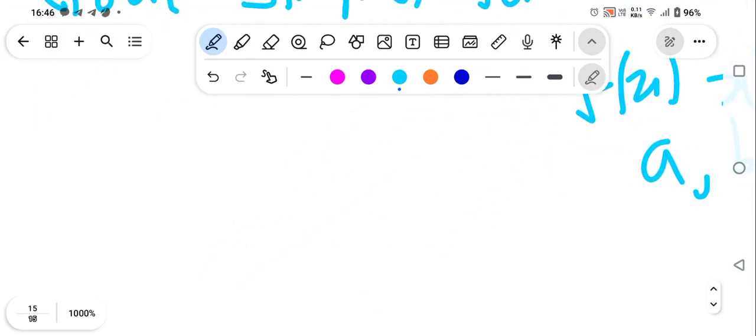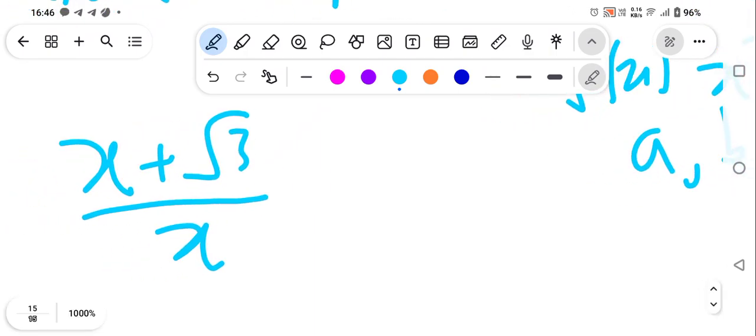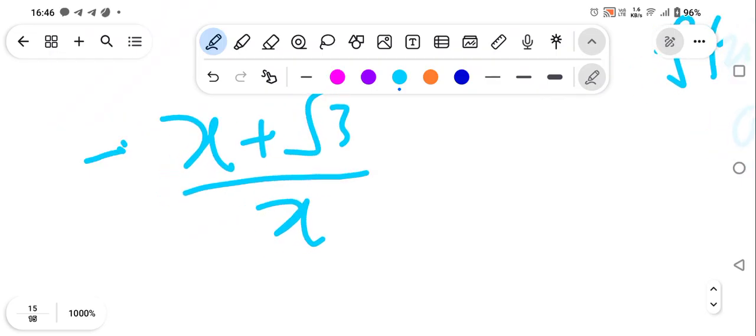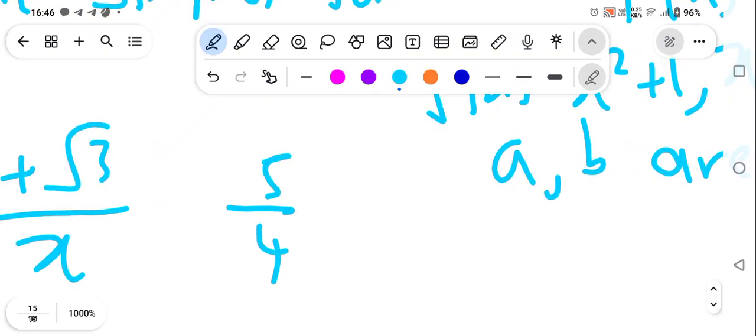Because, well, I'm gonna say that x plus root 3 over x. So let's say we have x plus root 3 over x. How can we decompose this? So clearly, this is an improper fraction. Why? Well, we know that this top is bigger than the bottom. It's like 5 over 4, for example.